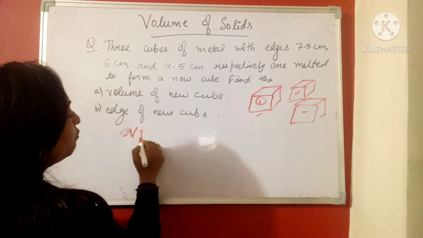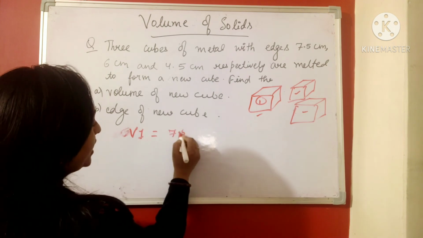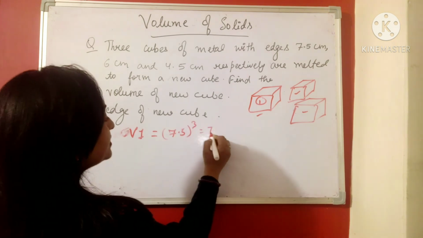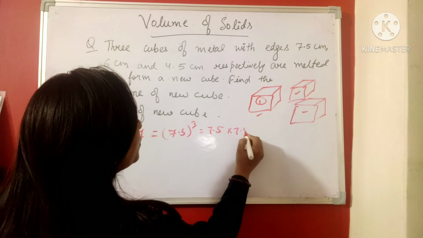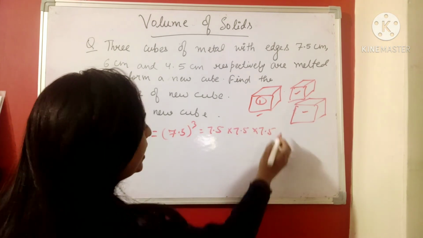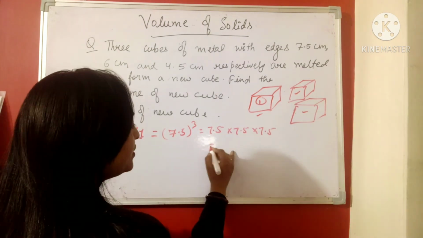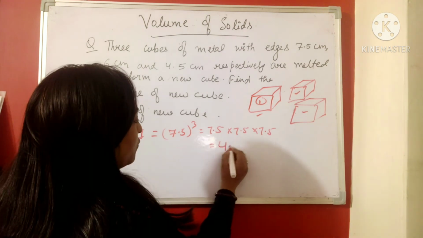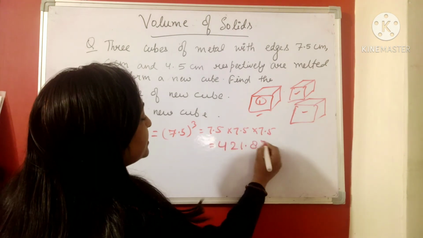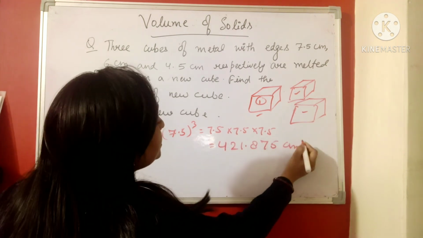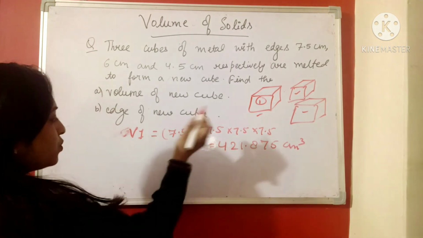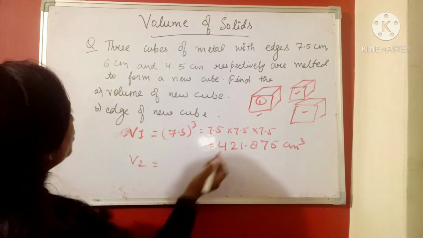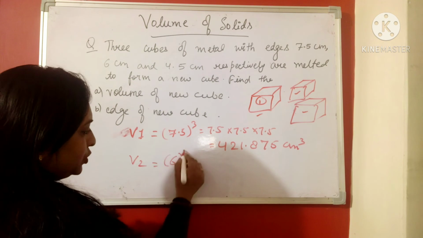So let us find out the volume of this cube. That means volume 1 will be 7.5 cube, which will be 7.5 into 7.5 into 7.5. When we multiply, we will get the answer 421.875 centimeter cube, right? Now volume 2, how to find volume 2? It is 6 cube, right?